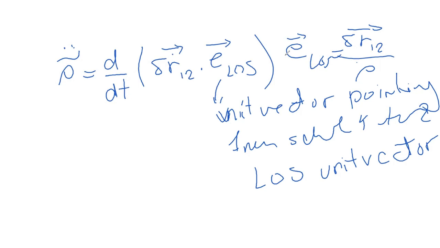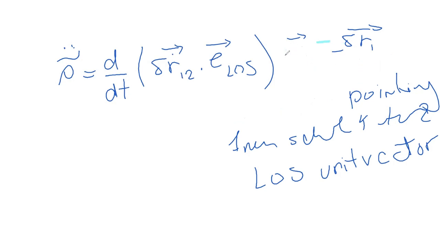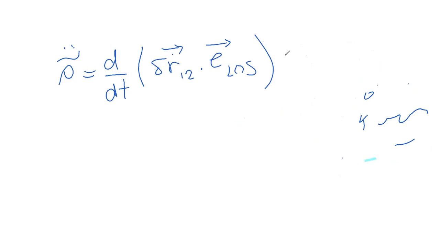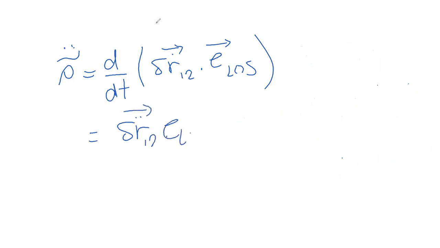Now I take the derivative of this unit vector multiplied by this difference of the velocities, and come to this. So the derivative of the first one multiplied by the second one, plus the derivative of the second one multiplied by the first one.